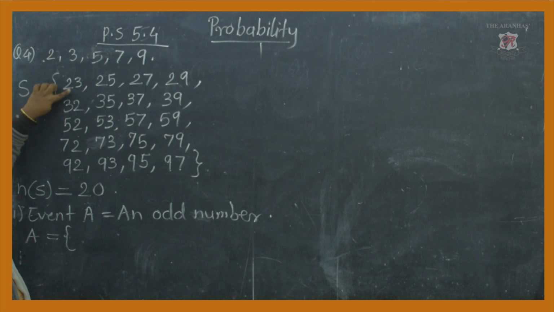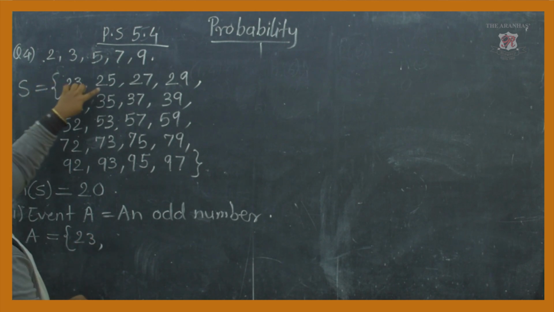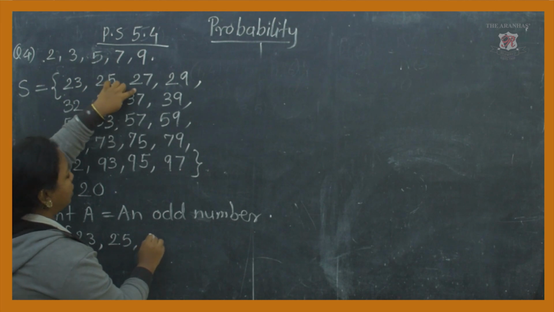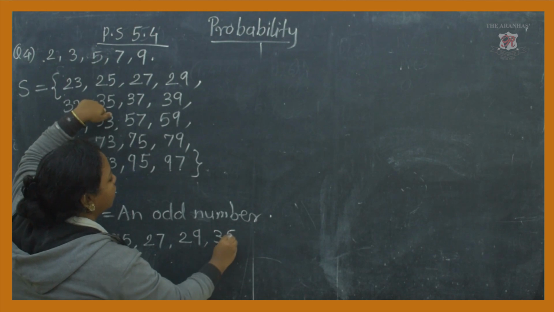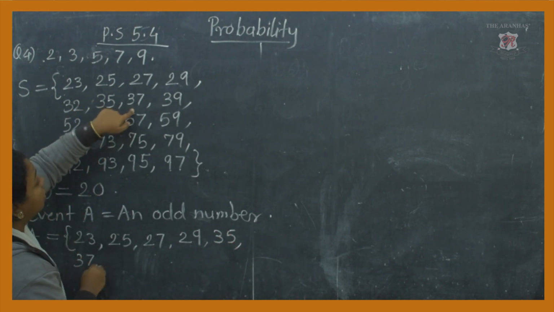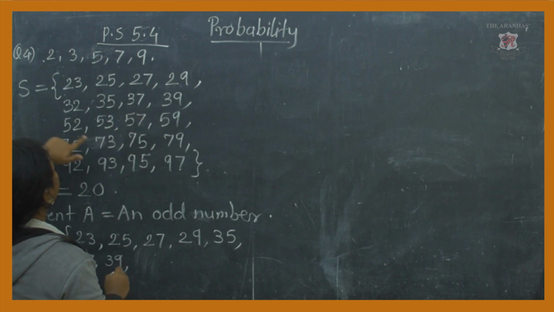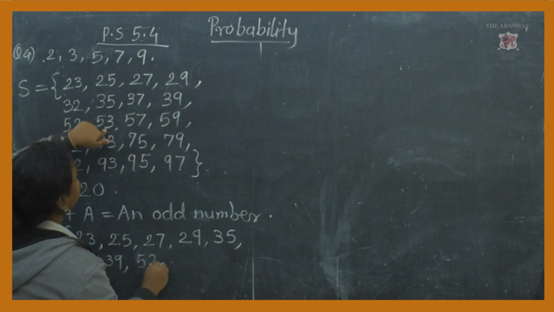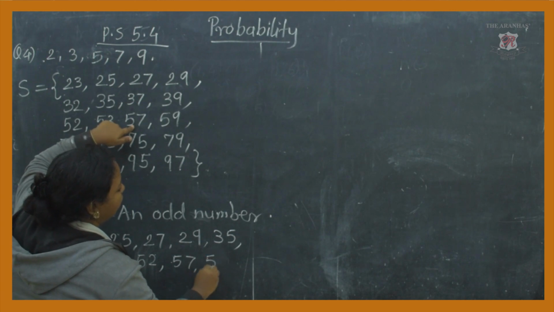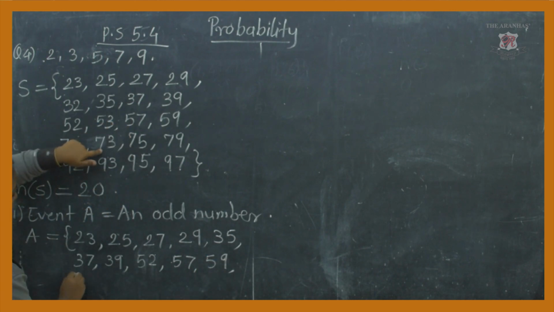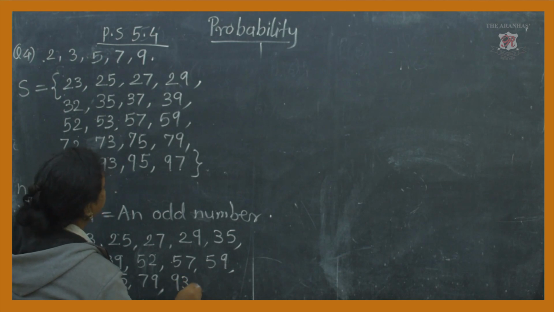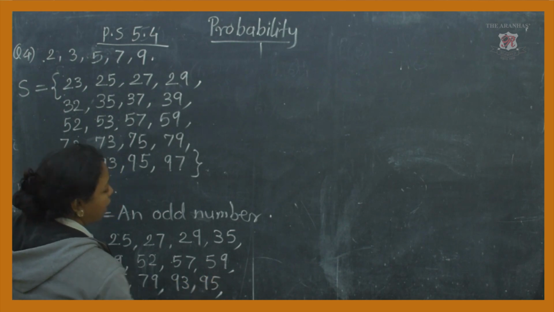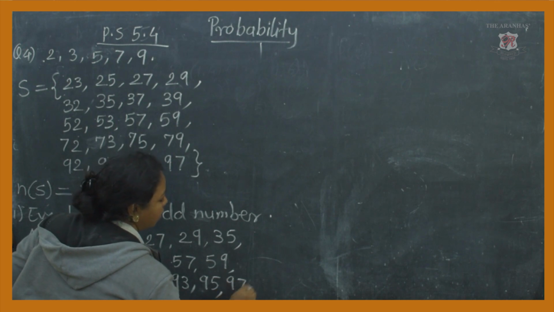So, check which are odd numbers. 23 is there, 25, 27, 29, 35, 37, 39, 53, 57, 59, 73, 75, 79, 93, 95 and 97.